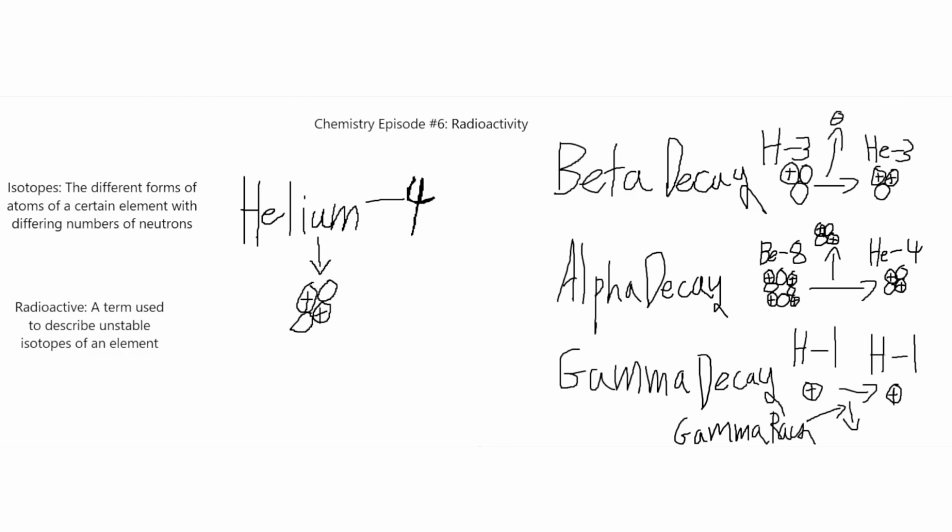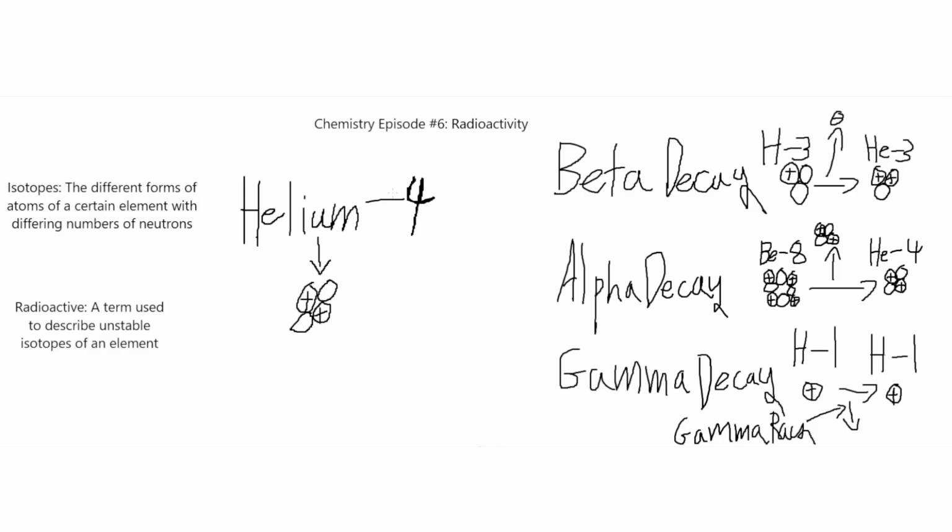If you could refer back to the periodic table, episode number 3, the atomic mass of an atom is the number of protons plus the number of neutrons. If you count up here, there are 2 protons and 2 neutrons, so the atomic mass is 4. This is why this is the helium 4 isotope.